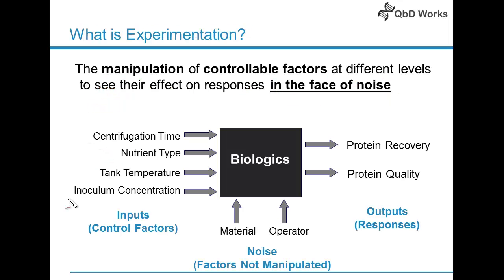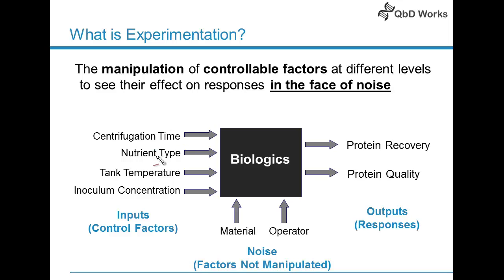Experimentation is a manipulation of controllable factors at different levels to see their effect on responses in the face of noise. So basically, if you have a process, and we call this a black box or biologics, you control these controllable factors, basically knobs that you can turn or buttons you can push, and you can change the levels of these parameters.